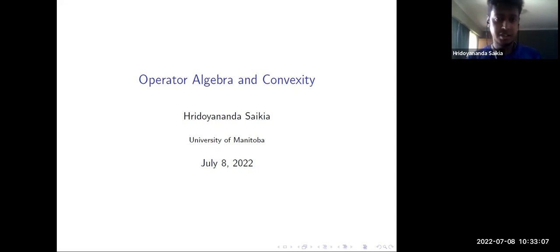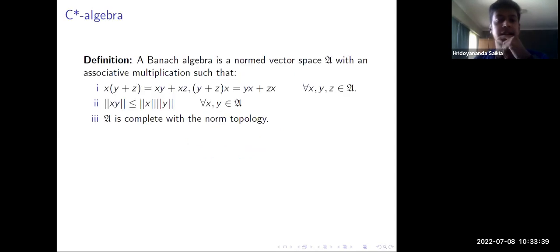So today we are going to discuss various operator algebras, and then I want to motivate how convexity comes into the picture when I'm talking about my research or my work. Convexity can come into the picture from various directions, but I will mostly be concentrating on my work.